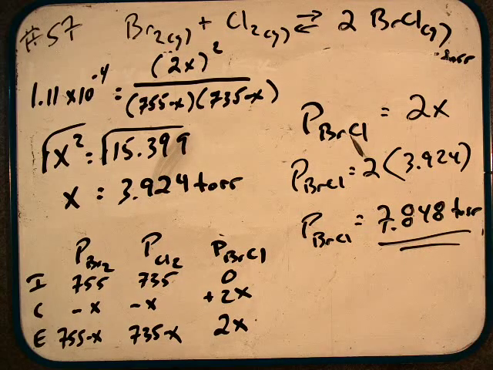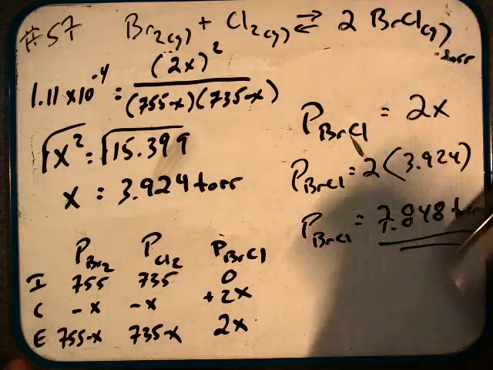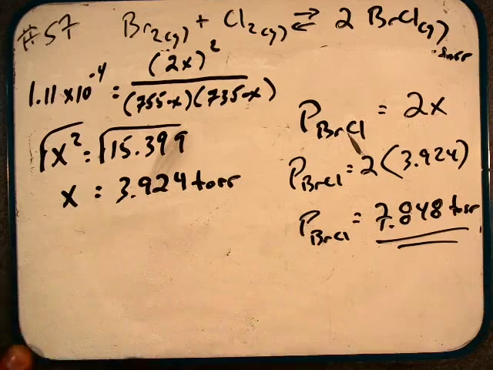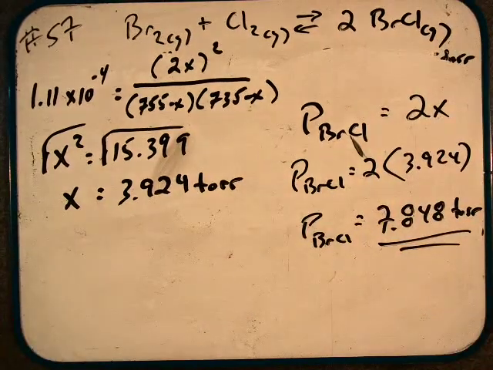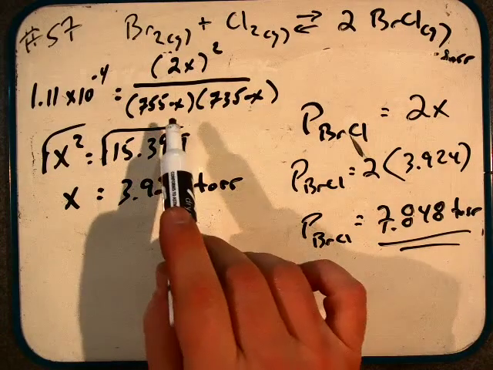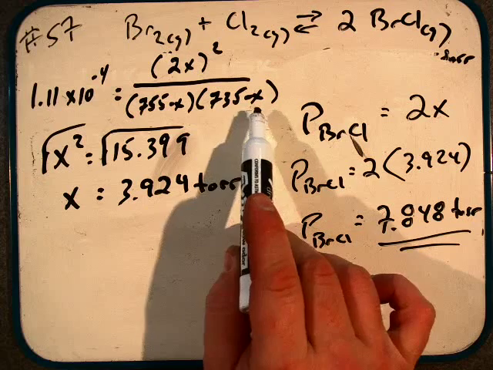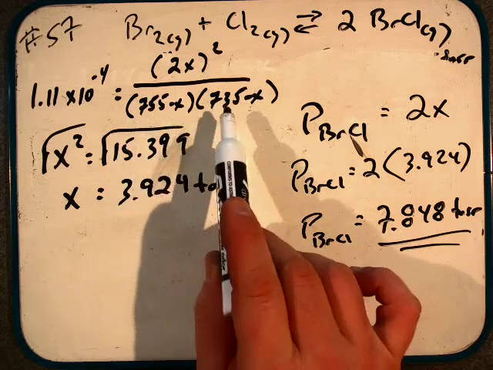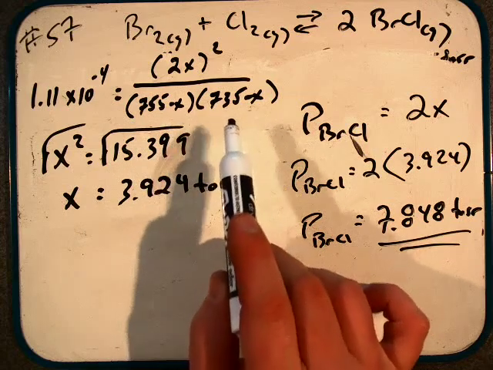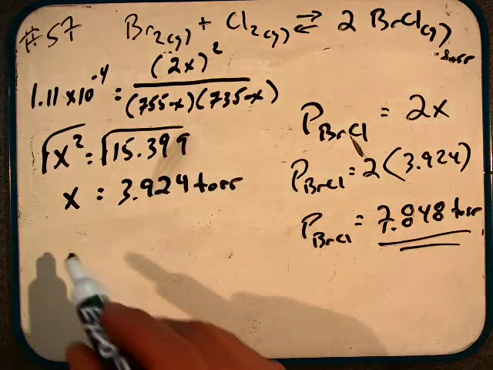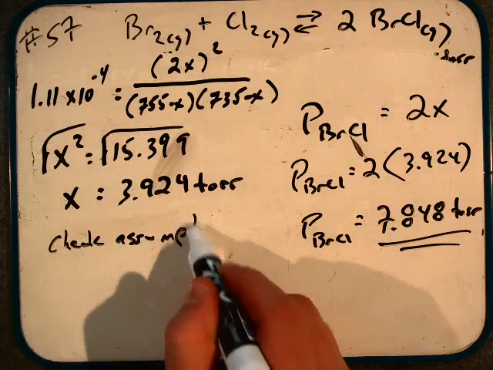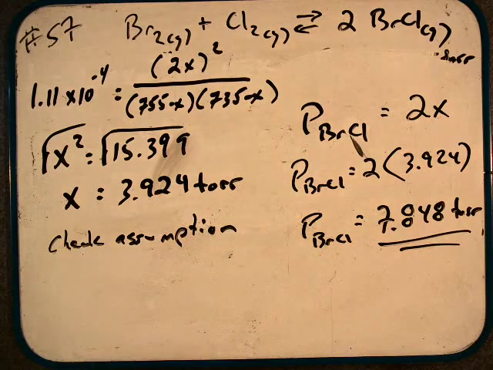Now, one thing we have to be careful of is when we make an assumption like we did in this question, we have to make sure that that assumption is valid. We have to make sure that what we assumed, which was that the change x would be really small, or negligible, compared to those initial pressures, is valid. So in order to check the assumption, we're just simply going to take a percentage.